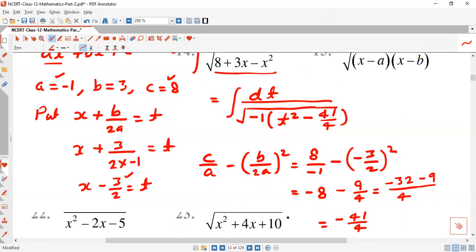So you see this dt is given to you. You can simplify the dt by taking the minus sign inside, so you are getting dt under root of 41 by 4 minus t square. We want to solve this one.